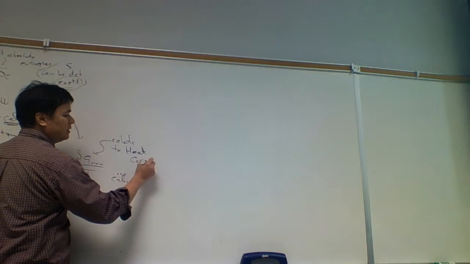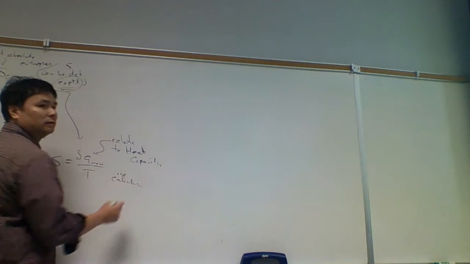Well, this term in the numerator, we can relate to heat capacity. There are different kinds of heat capacity. If we go back to chapter 7 and look back at the types of heat capacities that we dealt with, what are the different types? Heat capacity is just a general word for the relationship between heat, Q, and temperature, T. But the types of heat capacity that we dealt with were specific heat.